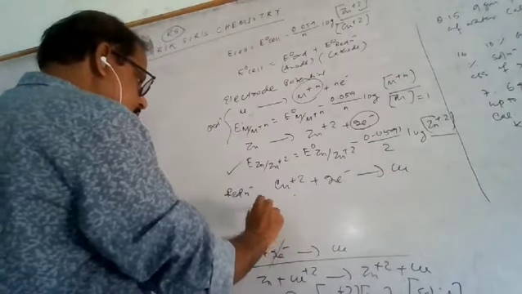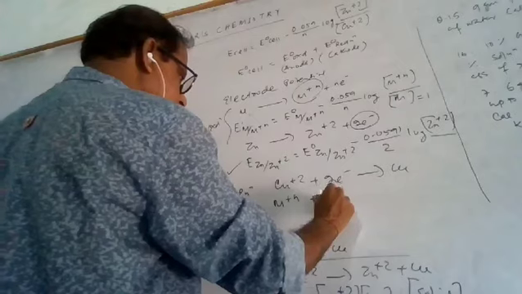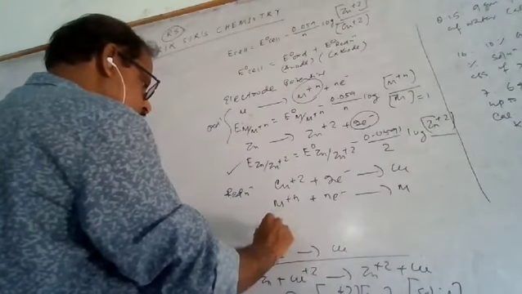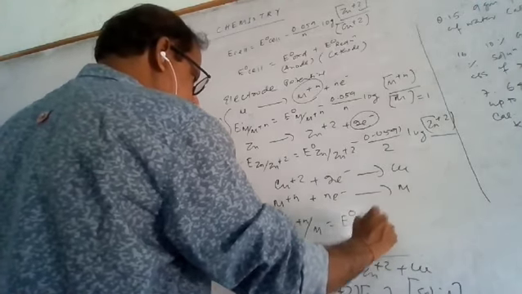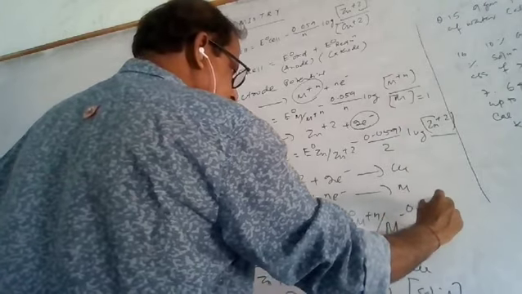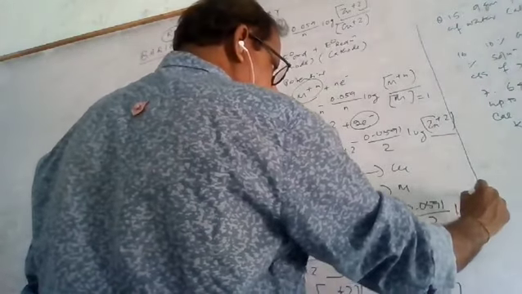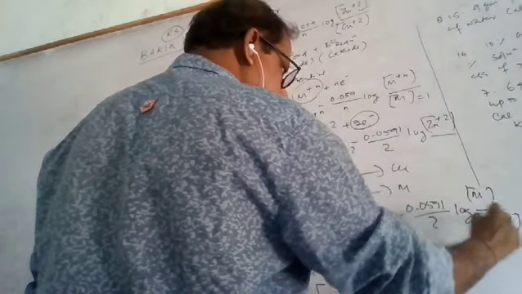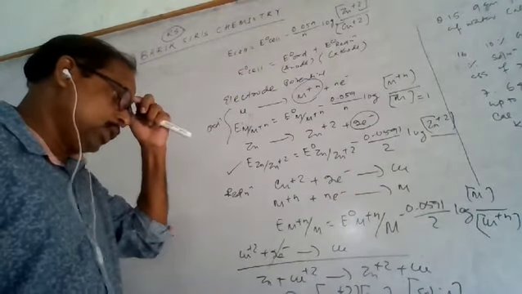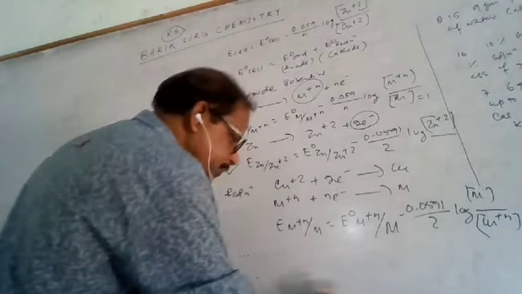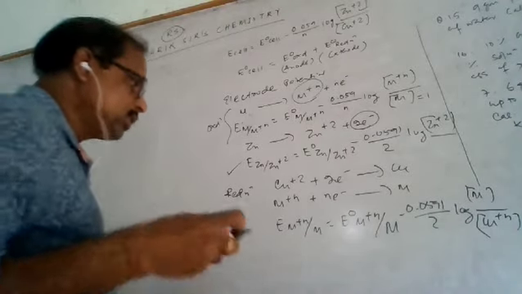In case of the general equation, you can see M plus n gains n electrons converted to M. So the E of M plus n by M is equal to E naught M plus n by M minus 0.0591 by n log of the M concentration by the M plus n concentration. You can understand the M concentration is equal to 1.